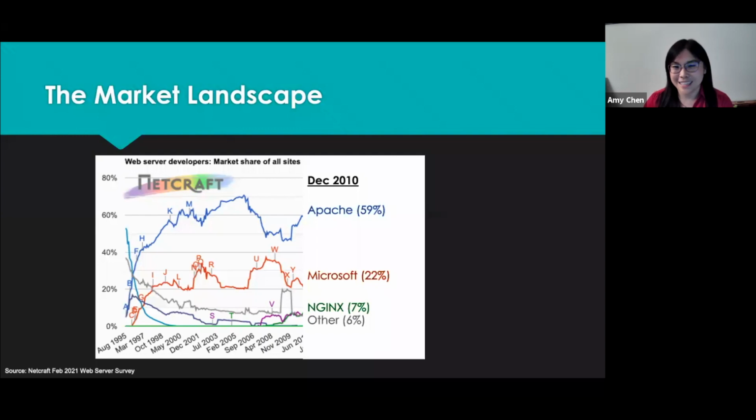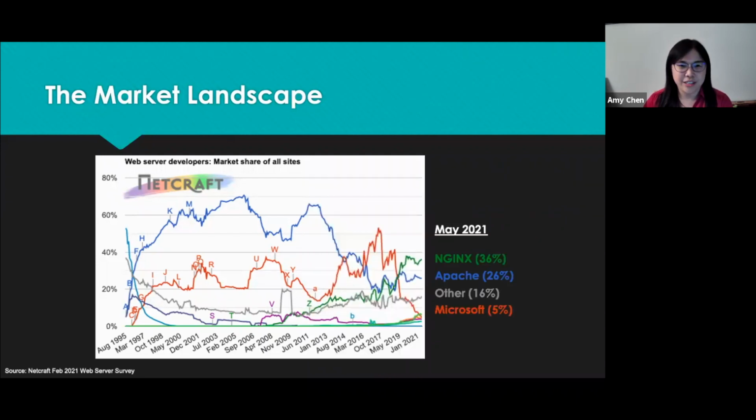What is surprising is when we jump ahead another 15 years or so. If we look at the 2021 statistics for the same survey, you can see that NGINX has grown substantially and is now the primary web server software being used by most websites.